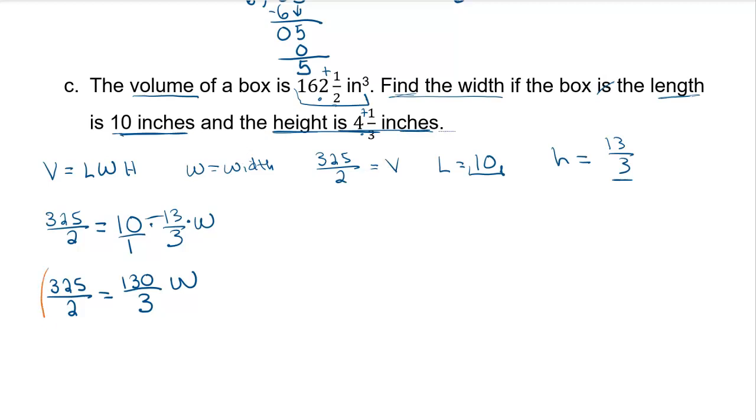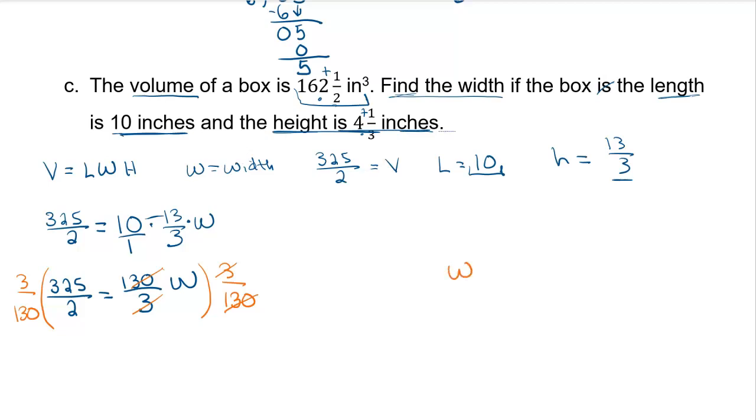All right, so I like to use my distributive property structure to remind myself that whatever I do to one side, I have to do to the other. So in this case, my reciprocal is 3 over 130. If I do that to one side, I have to do it to the other. Well, these guys cancel. So I now have W by itself.